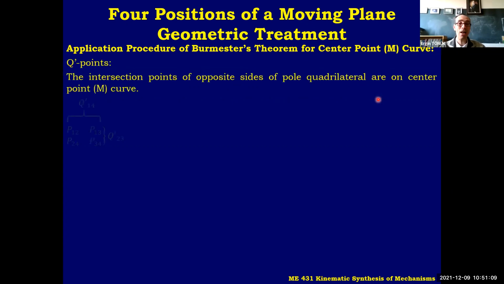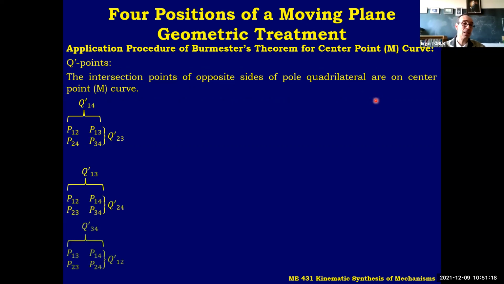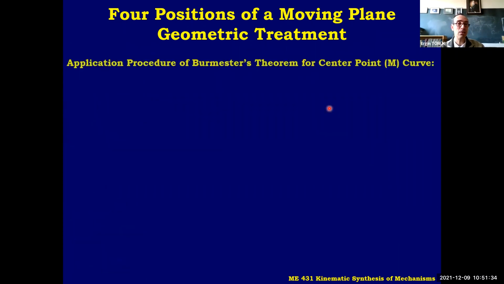This time we don't have the image poles, but the poles themselves. So the intersection of the opposite sides will give us the Q prime curves, which are on the center point curve. And then we can discuss the consequences, which are similar to circle point curve.